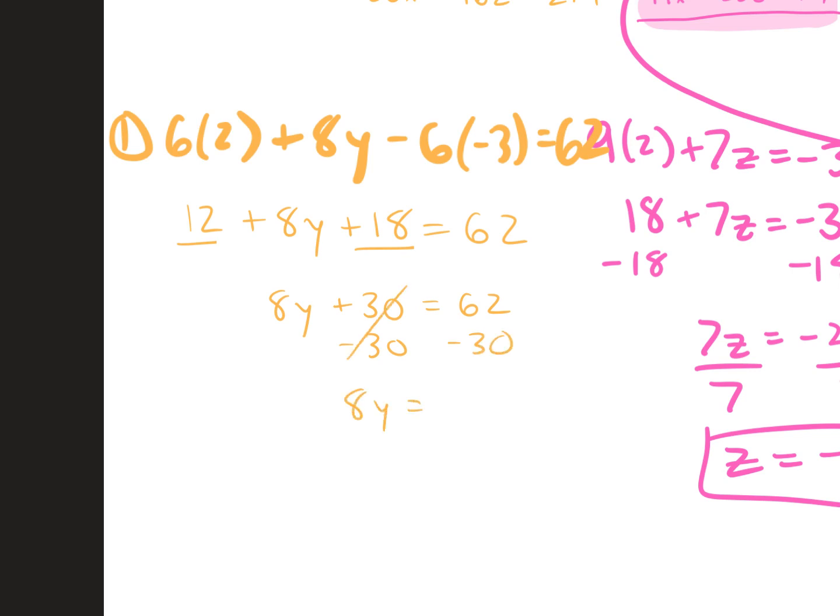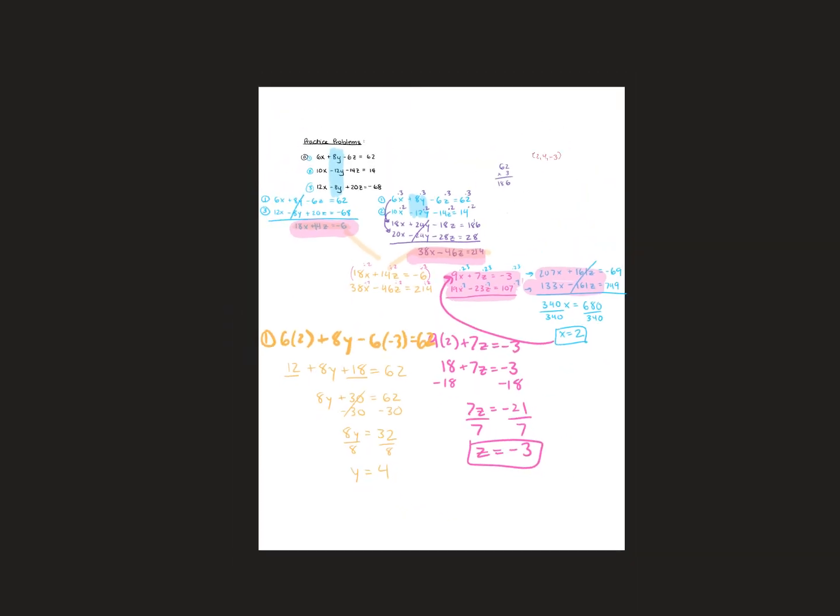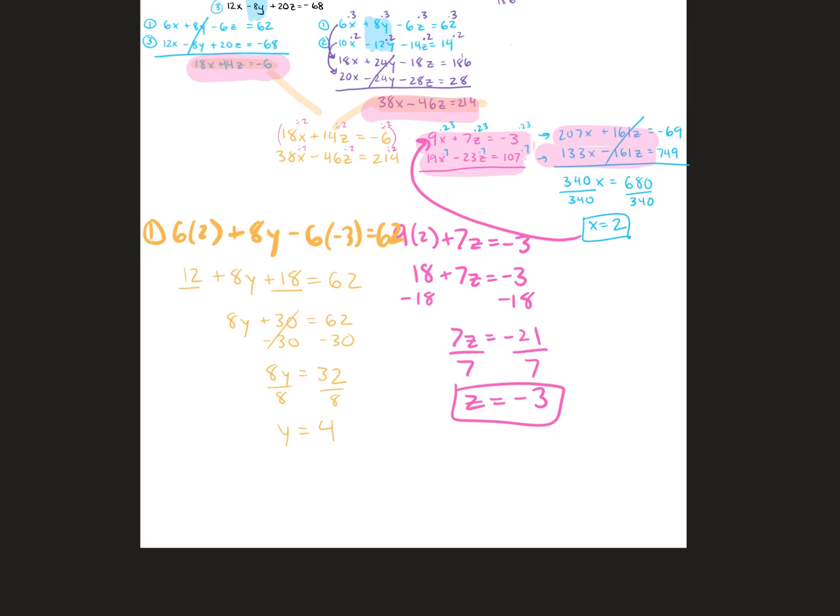So 8y is equal to 32. Divide both sides by 8. So y is equal to 4. So I have to write my answer as a coordinate triple, because I have 3 of them. So it's always x, then y, then z. So 2, 4, negative 3.